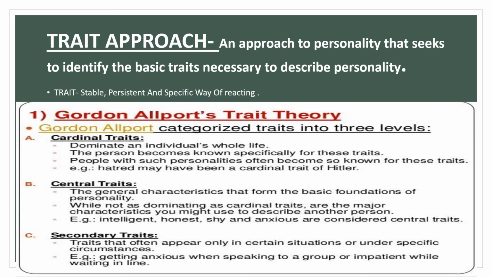For example, one person may be less shy whereas another person may be more shy, or one person may be less friendly whereas another person may be more. Here shyness and friendliness represent traits along which an individual can be rated in terms of the degree of presence or absence of the concerned behavioral quality or trait.